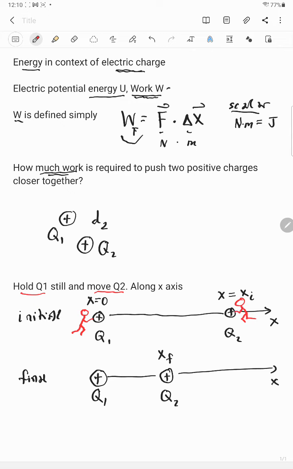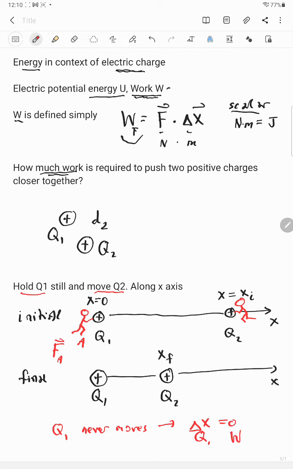It could be people, it could be machines or whatever, but something is going to need to do the work. And so this person over here, person A, is going to exert a force, and this force is acting only on Q1. But you notice that Q1 never moves. So what this means is that the displacement of Q1 is equal to 0.